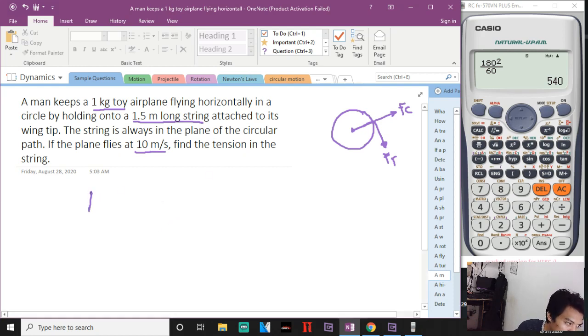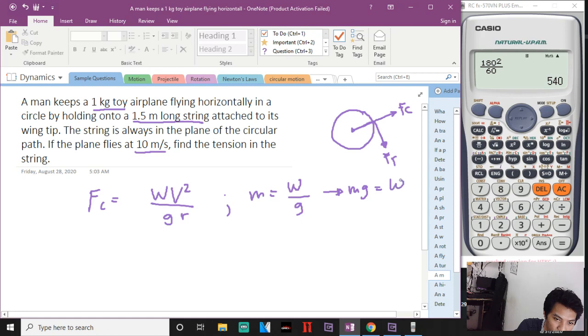You take note, FC, or the centrifugal force, equal to W V squared over g R. Kasi yung mass is equal to W over g. Diba recall, mass times gravity is equal to the weight.